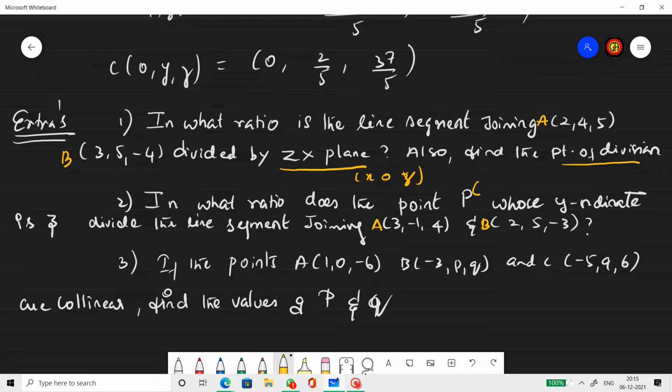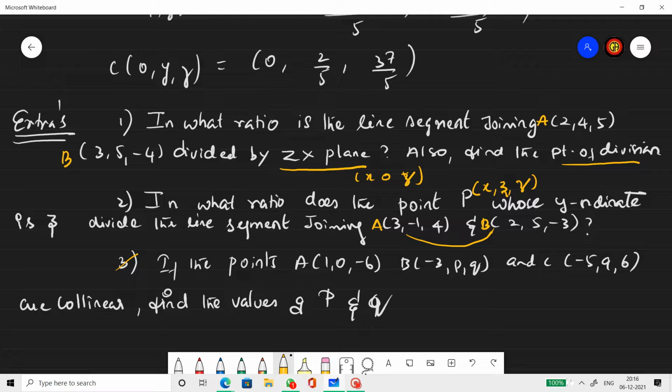So shall we take the x as 0? No. X will be x, y will be 3, z will be z. Now again use the section formula for A and B. The y coordinate of that will be equated to 3. You will get the ratio through that. Substitute back the ratio, you will find x and z.